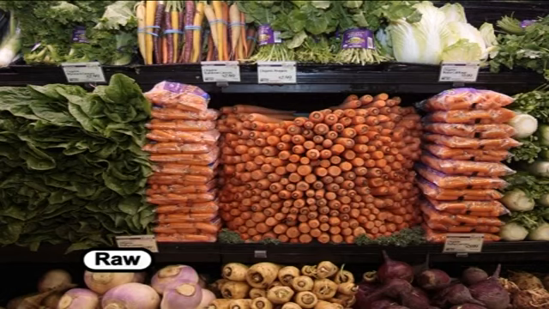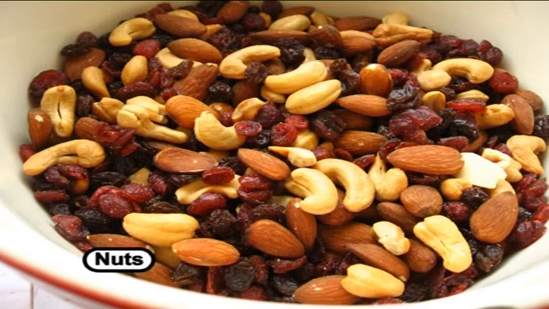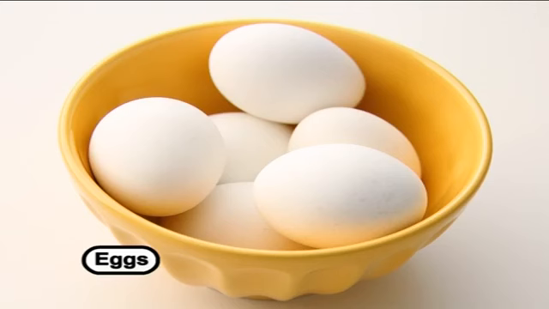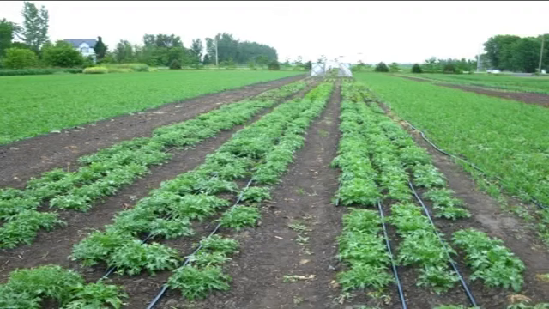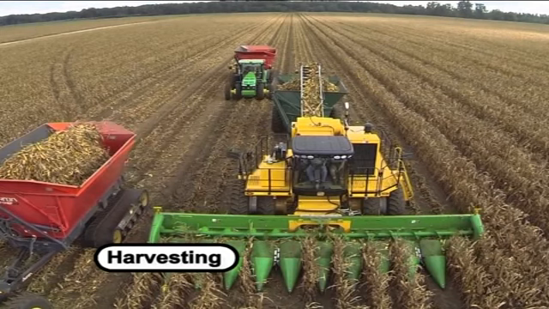Any food item that is raw, fresh or processed will have its characteristic qualities. For raw or fresh produce such as nuts, fruits, vegetables, grains, milk and eggs, the quality attributes are decided by the type, variety, place of origin, cultivation practices and stage of harvesting and so forth.